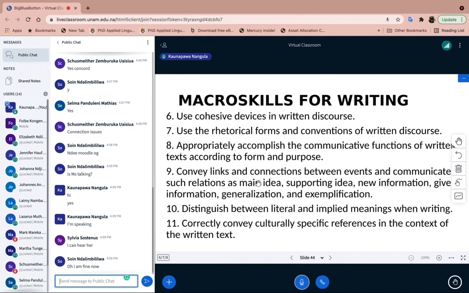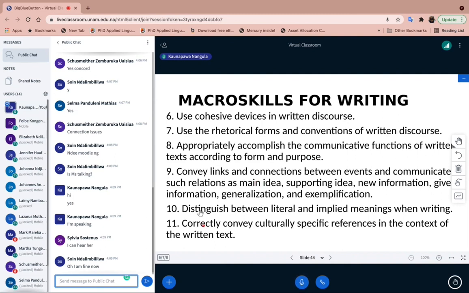How do you then combine that with the supporting idea? If you're providing new information, how do you combine that in a sentence? If you're giving extra information, or information just in general, then how do you do that? When you are generalizing, what kind of language do you even use? When you are giving examples, what kind of language do you use?